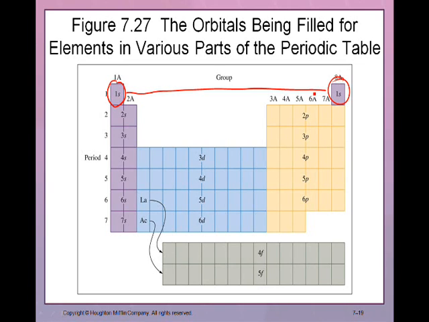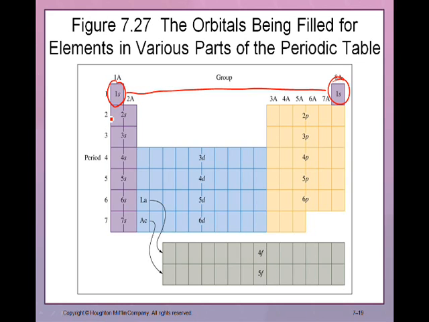And then we're at the end of the first period. And as we move to the second period, the 3 electrons that are in lithium, 2 of them would be in the 1s sublevel, and then the next one would go into the 2s, and we would call that 2s1.